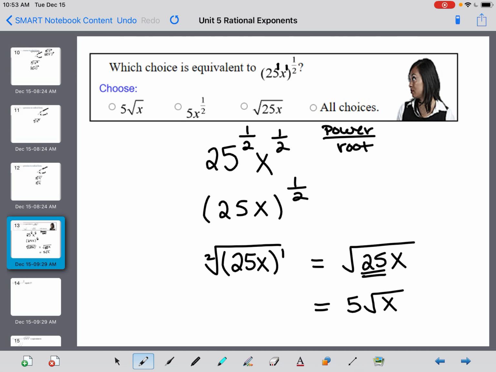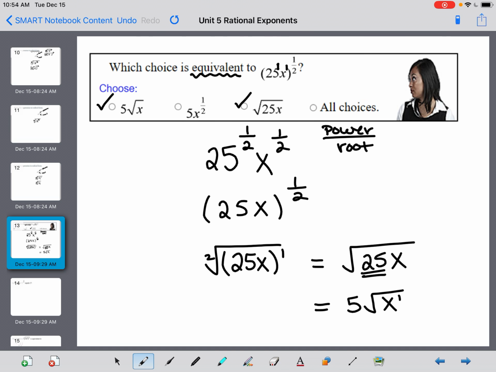So now let's look at some of these choices. Which one is equivalent? So we know that the square root of 25x is. We also know that 5 times the square root of x is. Again, this isn't something we're actually clicking on, but so far I have 2 answers in a multiple choice. That's not typical. So they do give me a choice that says all choices. So that means that this last choice, 5 times x to the 1/2, must also be equivalent. So let's just look back at our final answer.